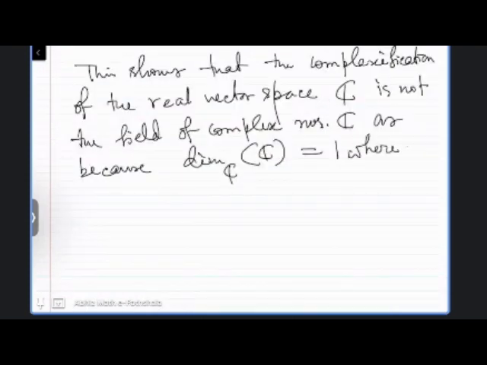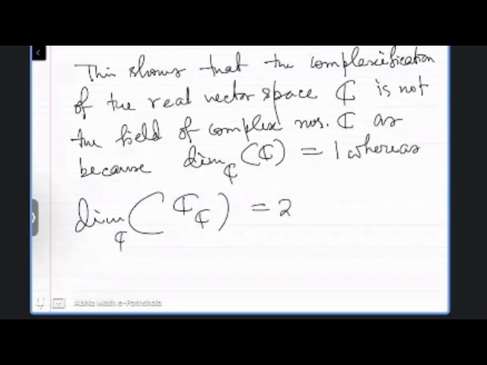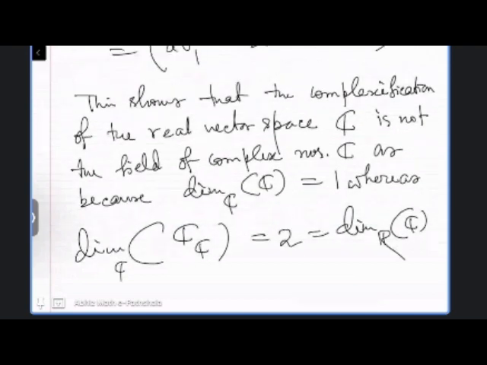But whereas the dimension of C_C over C is 2, since the dimension of C over R is 2. Okay? So what we are saying is, think about it, we are taking the same field but with respect to different fields, as a vector space.